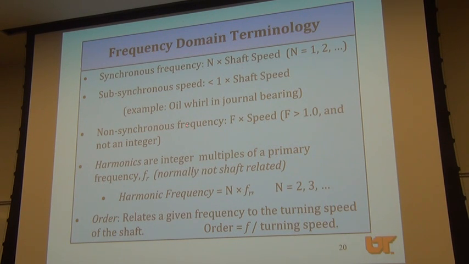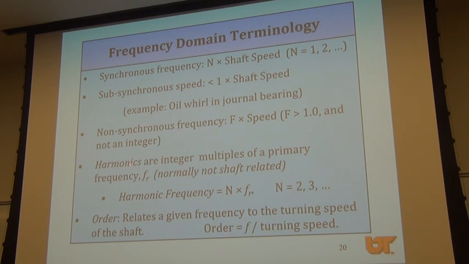You can also have frequencies which are not integer multiples of the shaft speed, but some other multiple greater than 1, like 1.5 times speed or 10.6 times the speed. Those frequencies are often called non-synchronous frequencies.